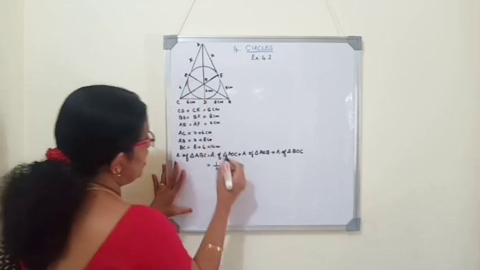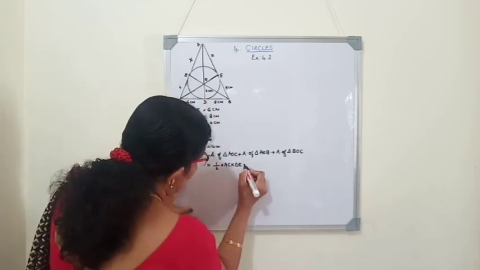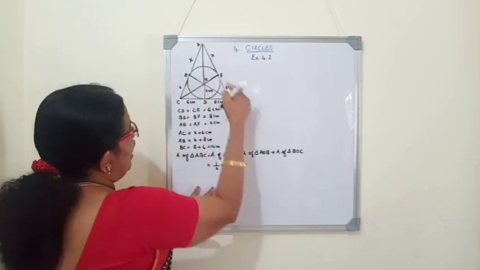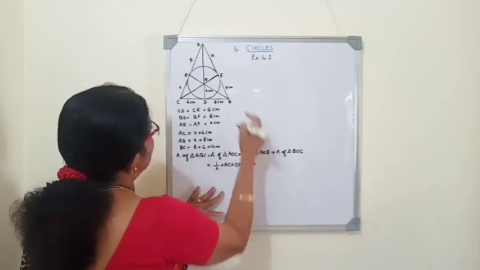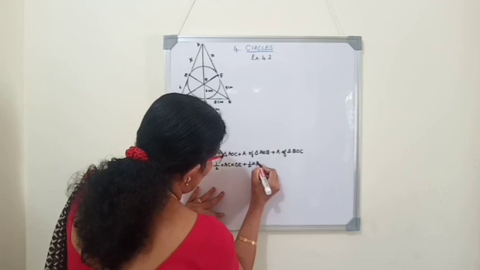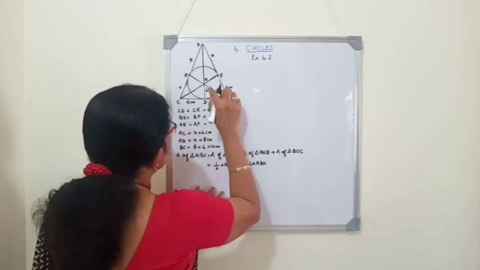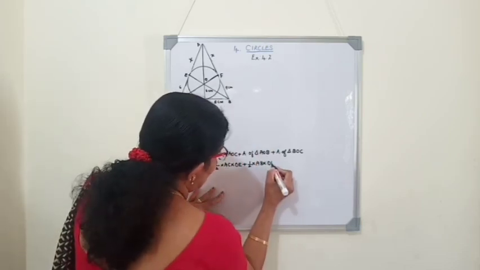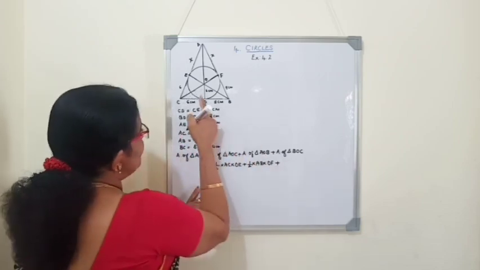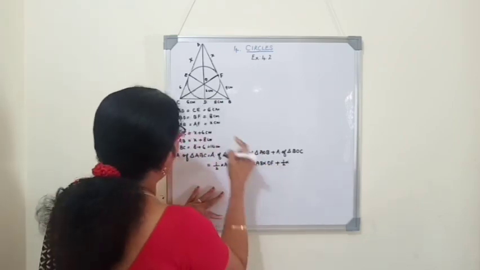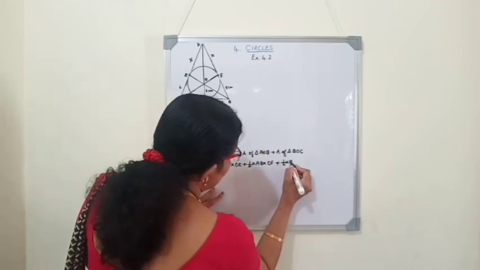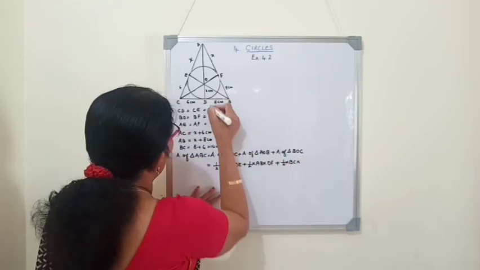So OE is the radius. Plus second triangle AOB, same way, half into base AB and height it is OF plus area of the third triangle BOC, half into base BC and height OD.